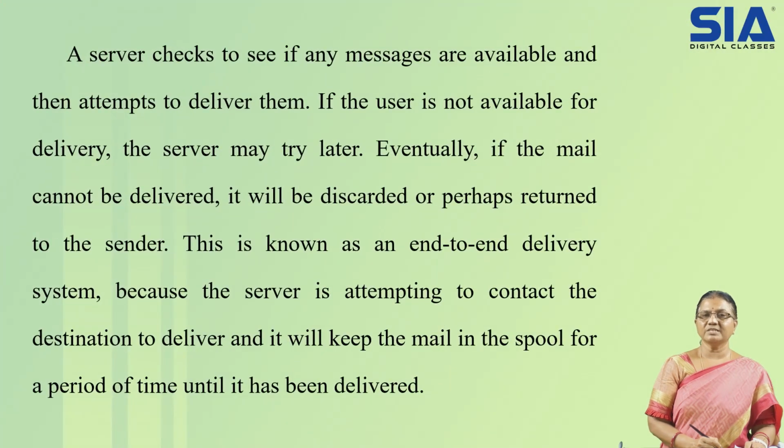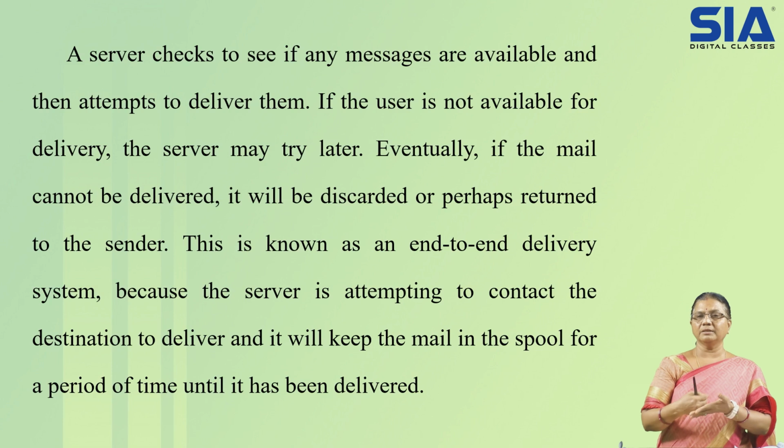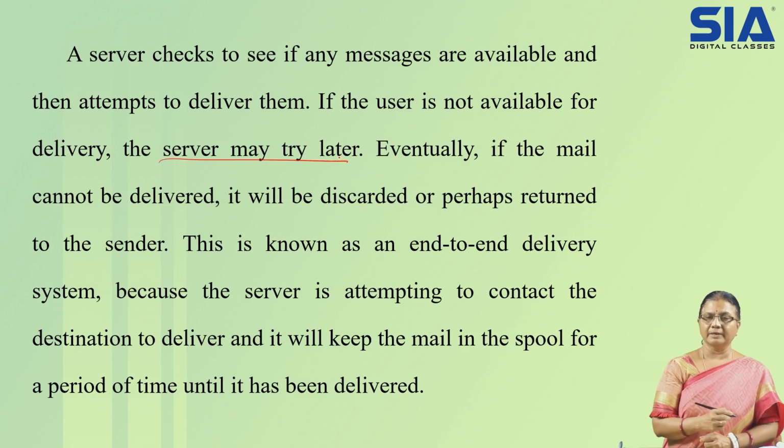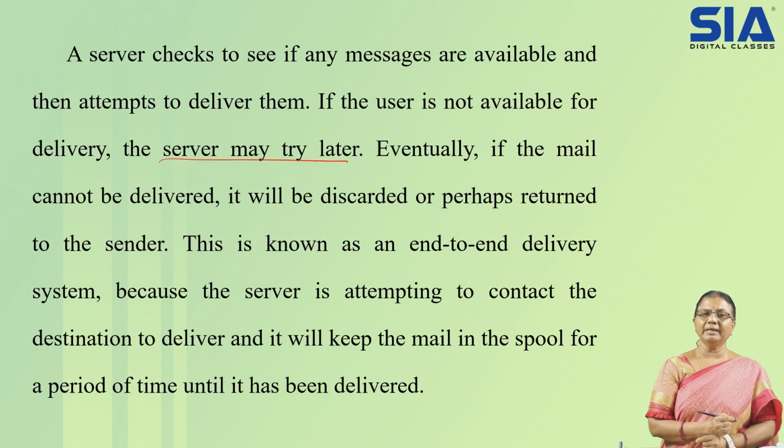Then a server checks to see if any messages are available and attempts delivery. As they are in the queue, it will check whether any messages are in the queue and try to deliver them. If the user is not available for delivery, the server may say try later. Eventually, if the mail cannot be delivered, it will be discarded or perhaps returned to the sender.